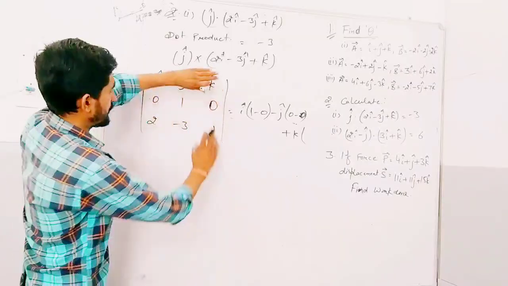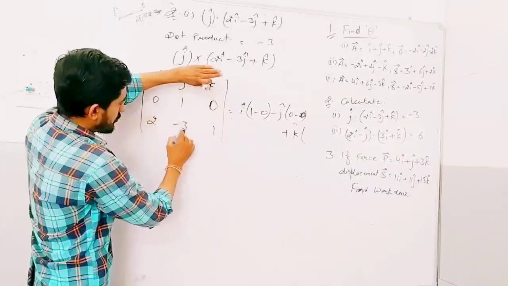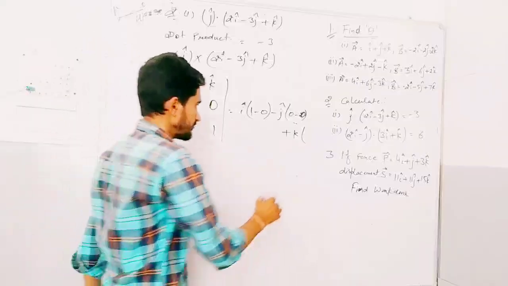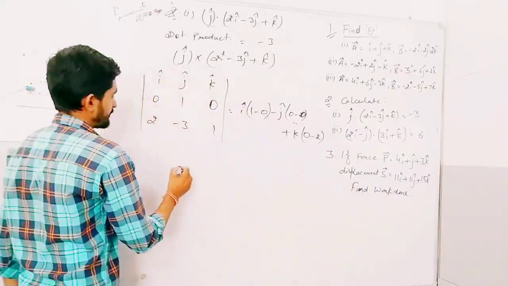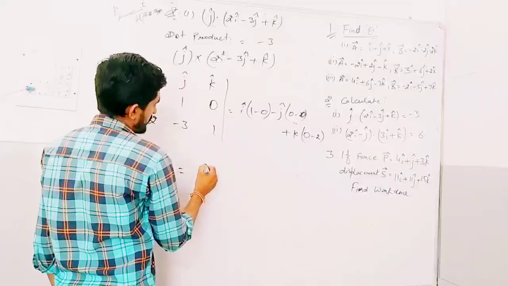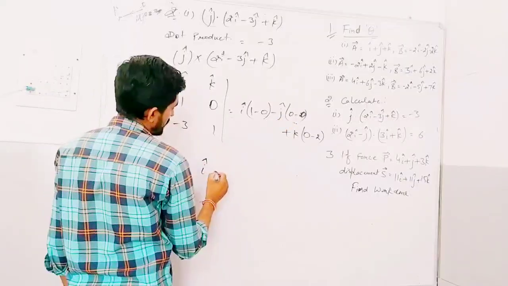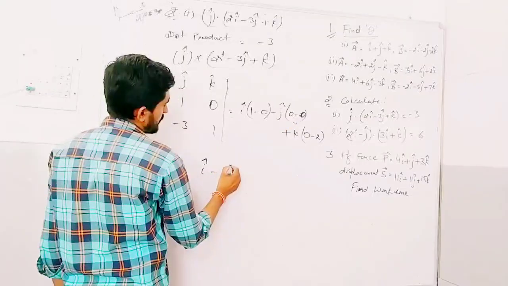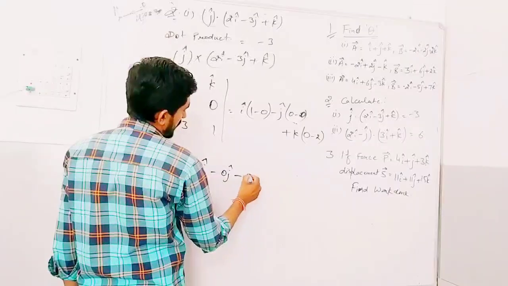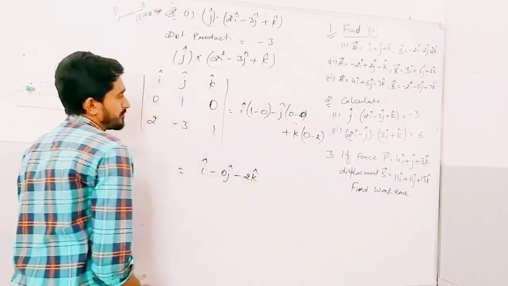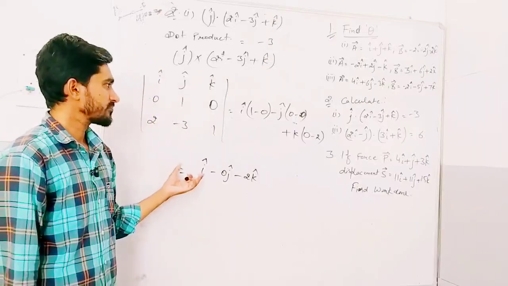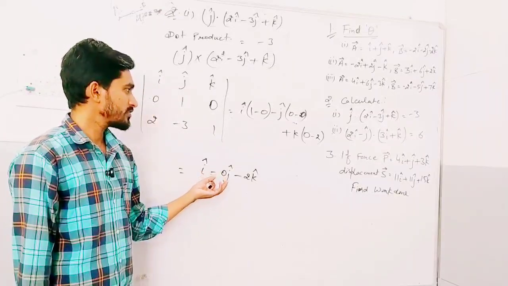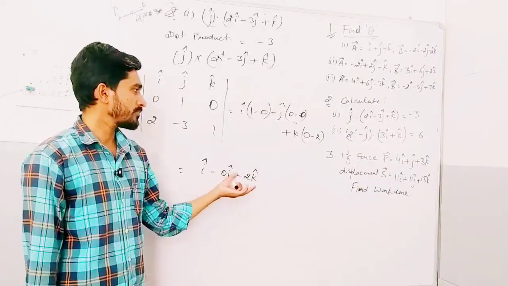For k cap, this is 0 minus 2. Then this is i cap, and this is minus 0 j cap, and this is minus 2 k cap. The final answer will be i cap minus 2 k cap.